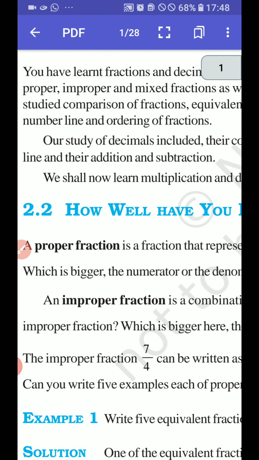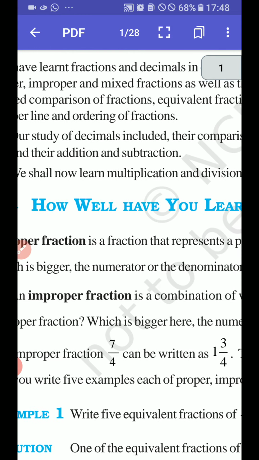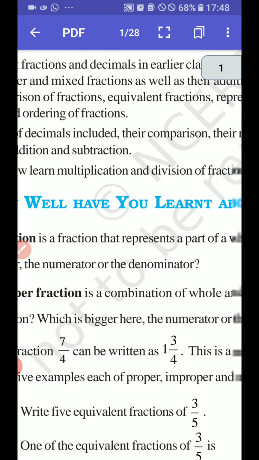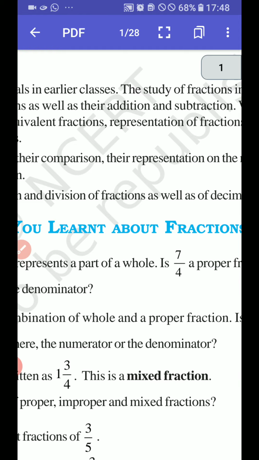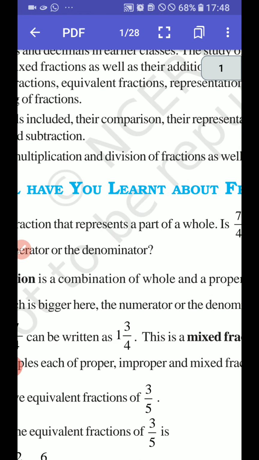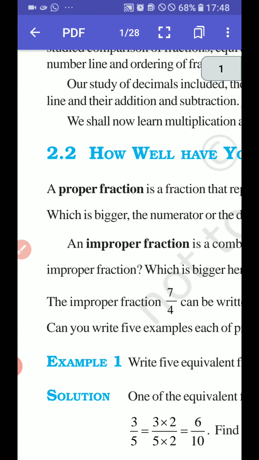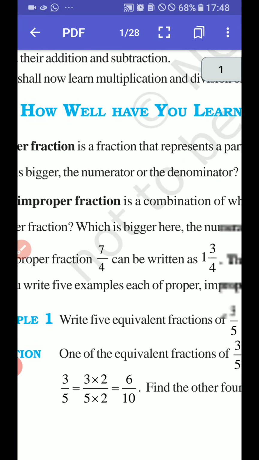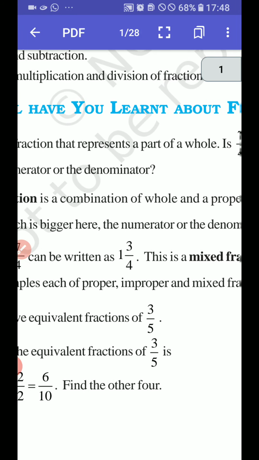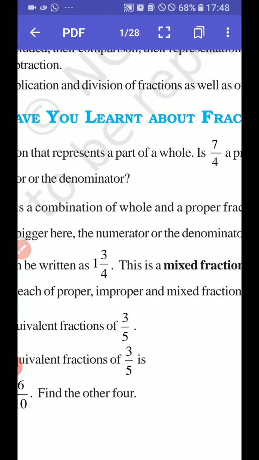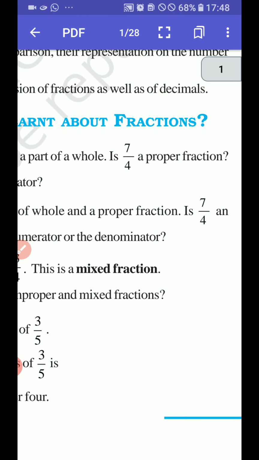Now the key question arises here, how well have you learned about fraction? A proper fraction is a fraction that represents a part of whole. Now the question arises here, is 7 by 4 a proper fraction?